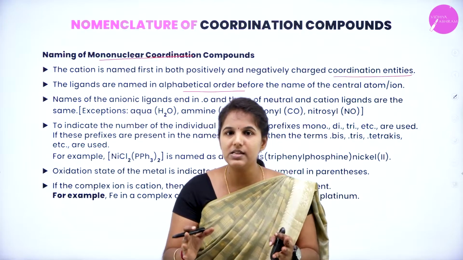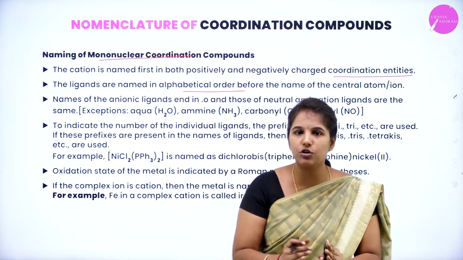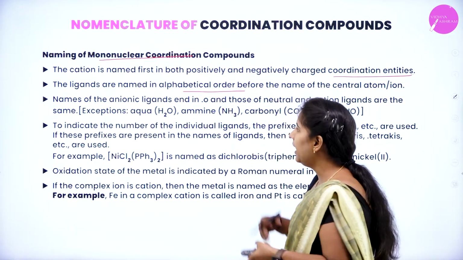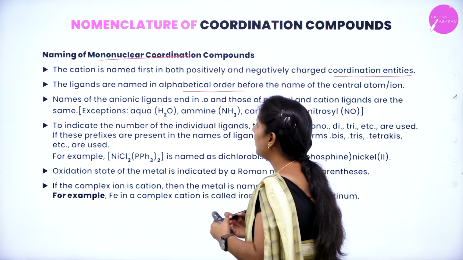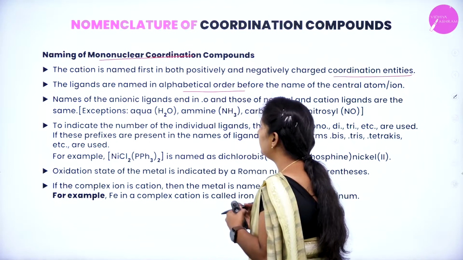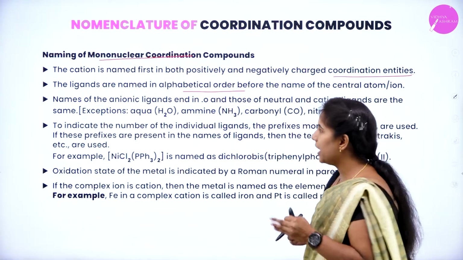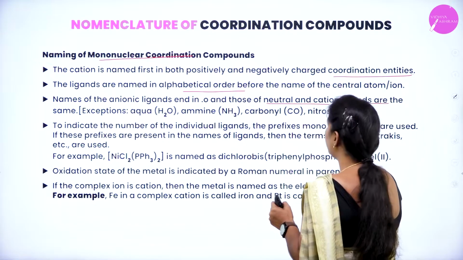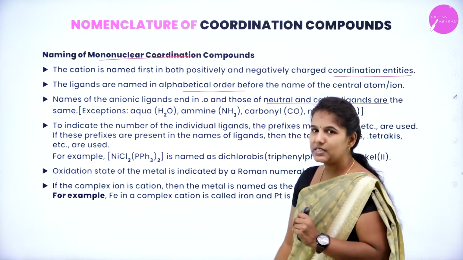In such cases, while naming the ligands, we go with alphabetical order. Next, the names of anionic ligands always end in O, while those of neutral and cationic ligands are named the same as the ligand.